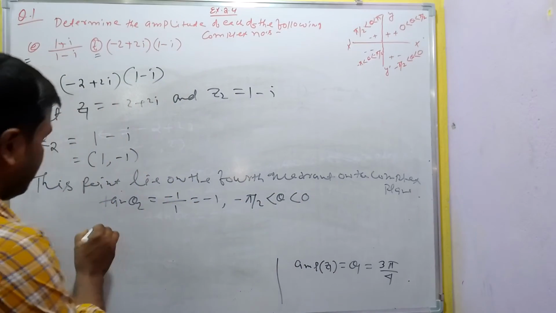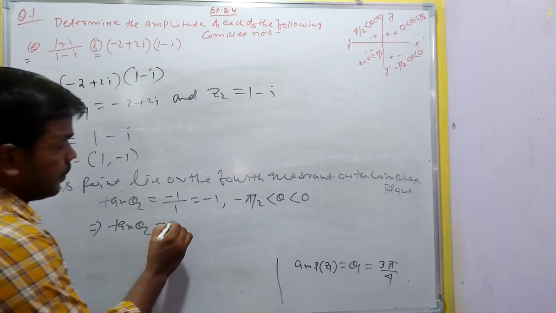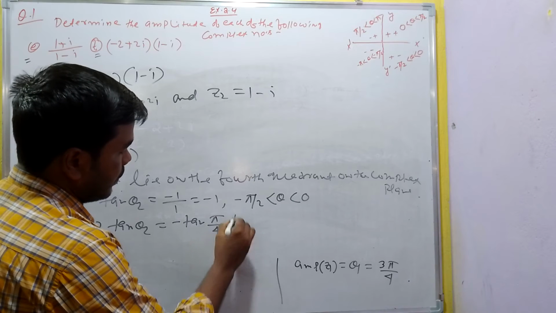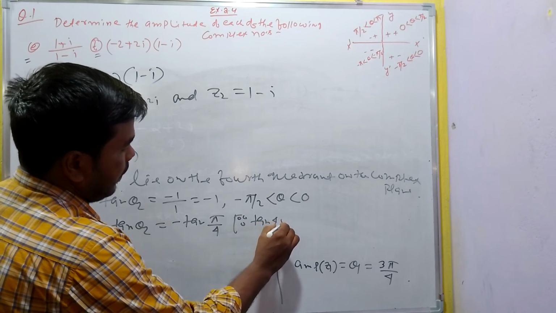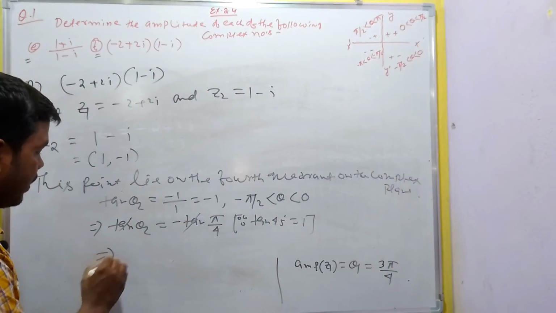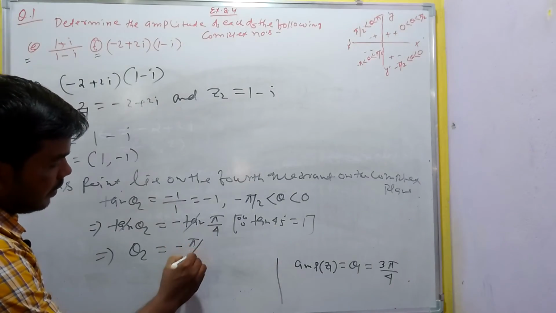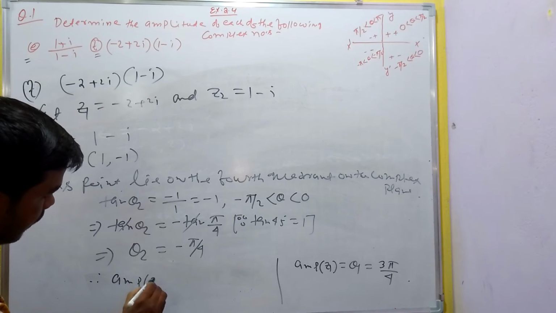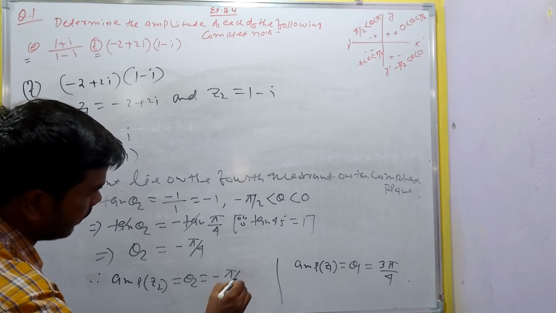Now tan theta 2 equals minus tan pi by 4, since tan 45 degree equals 1. This tan will be cancelled, then theta 2 equals minus pi by 4. Therefore, amplitude Z2 equals theta 2 equals minus pi by 4.